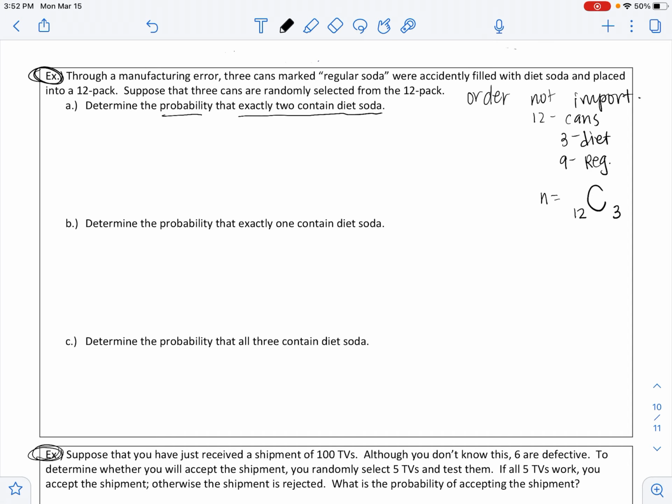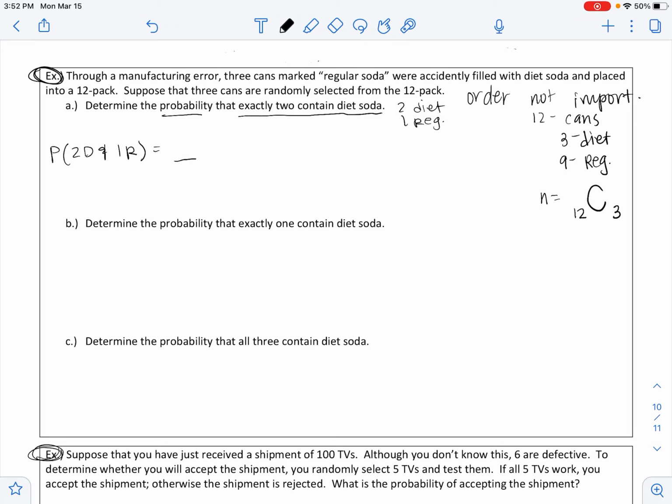So for the first one, it says determine the probability of exactly 2 containing diet. That's going to be 2 diet and 1 regular, because remember, we're selecting 3 soda cans. I'm using D for diet, R for regular, and that capital P is for probability.